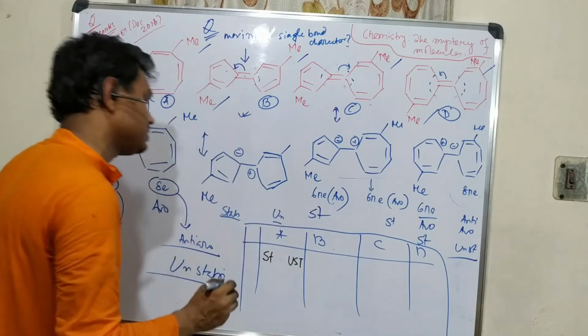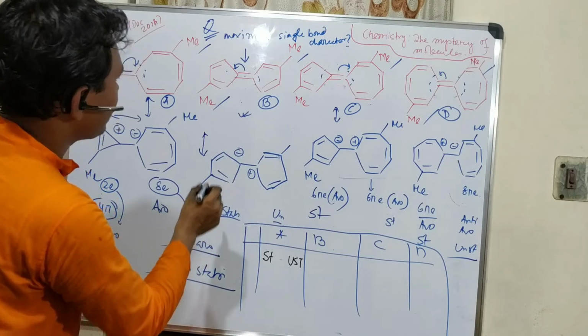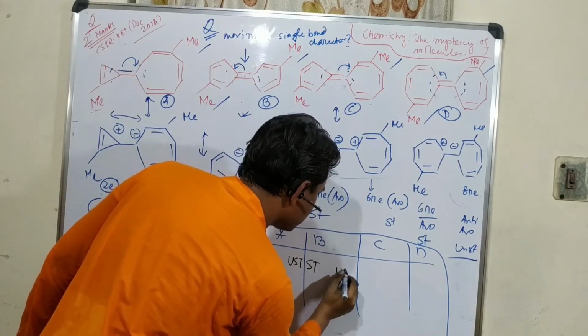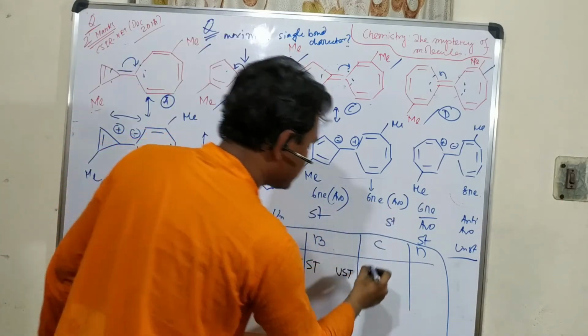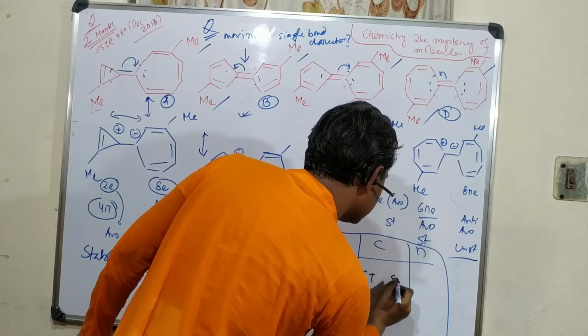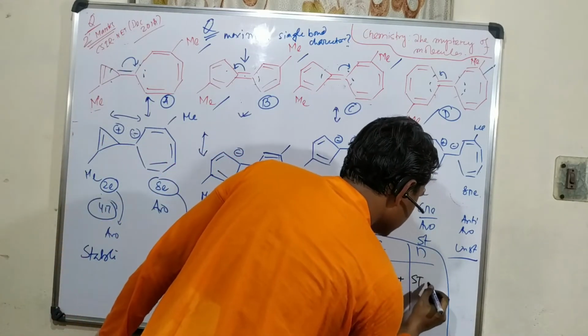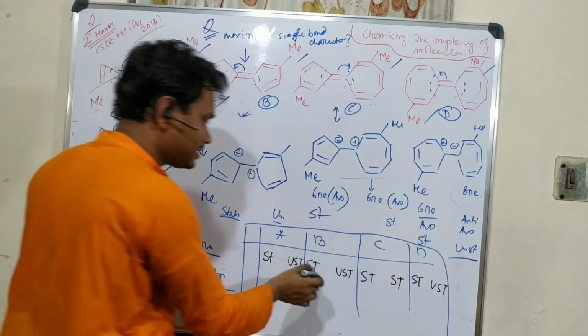ST for stable, UST unstable. B is one part stable, one part unstable, so ST versus UST. C is stable, stable, ST versus ST. D is ST or UST.